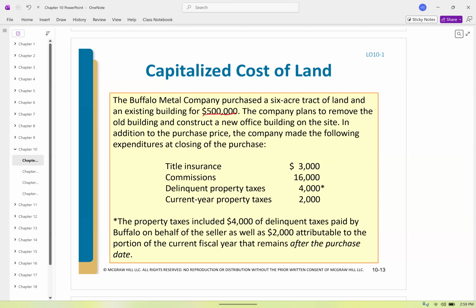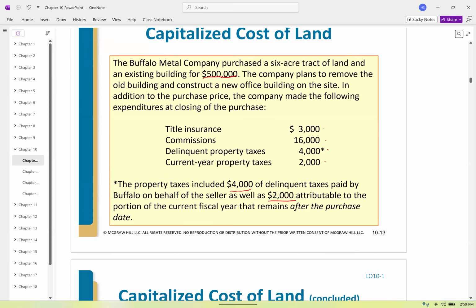In addition to the purchase price, the company made the following expenditures at closing of the purchase: title insurance, commission, delinquent property taxes, and current year property taxes. Okay. The current property taxes included 4,000 of delinquent taxes paid by Buffalo on behalf of the seller, as well as $2,000 attributable to the portion of the current fiscal year that remains after the purchase.